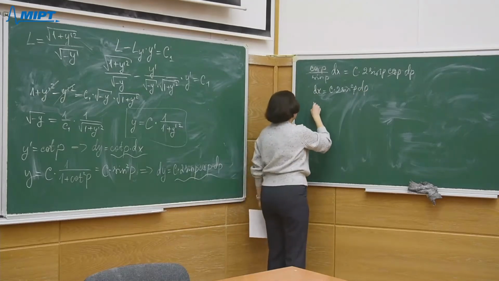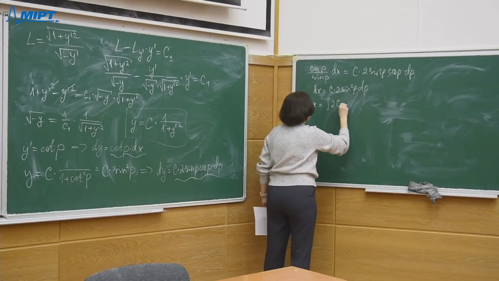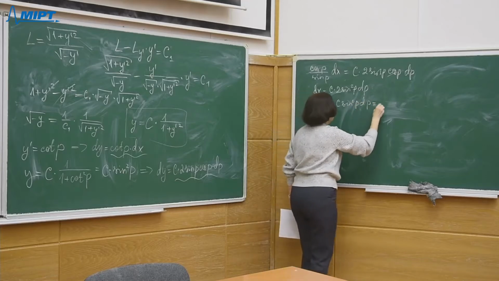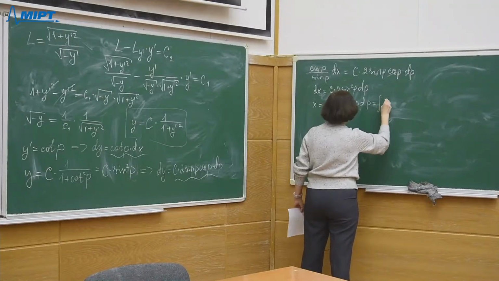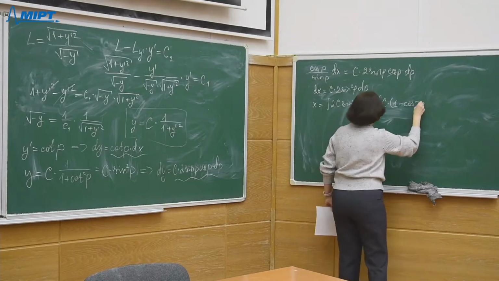and x is equal to the integral of 2c sine squared p dp. It is equal to the integral of c times (1 minus cos 2p) dp.